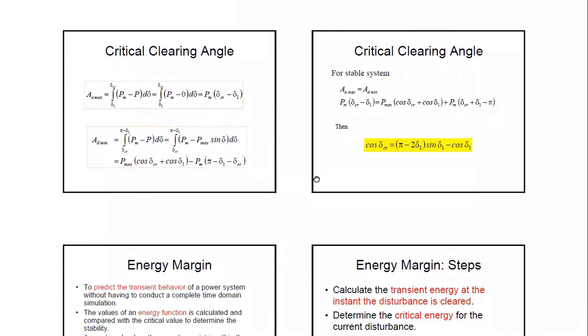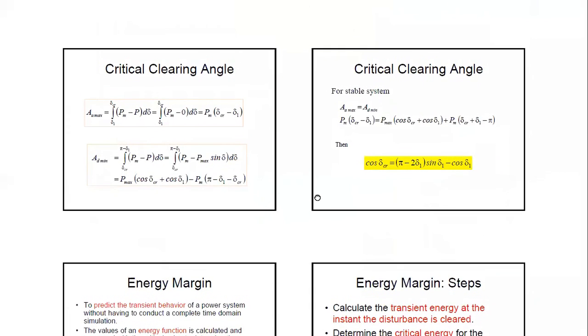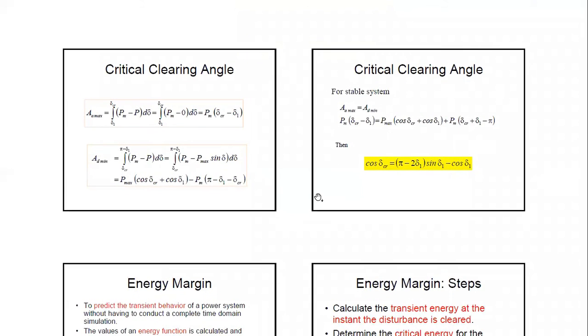So these are some mathematical expressions to calculate the critical clearing angle. For this, we refer to the formula to calculate the acceleration area, which is equal to the integration from delta 1 to delta critical of Pm minus Pd d delta, which is also equal to the integration from delta 1 to delta Cr of Pm minus 0, because as the breaker is opened, the power delivered will be 0.